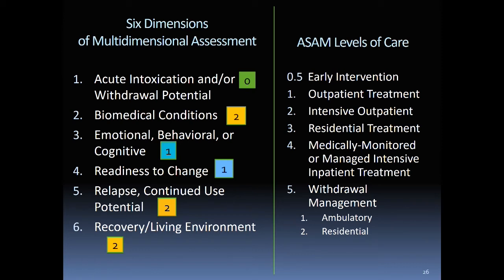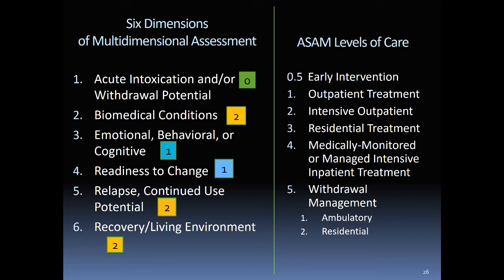And for Dimension 6, his recovery and living environment, John Doe was also rated at a 2 there due to the lack of support from his family. He mentioned that sometimes he is in kind of shady situations, and he is not involved with an environment conducive to recovery on a day in and day out basis.